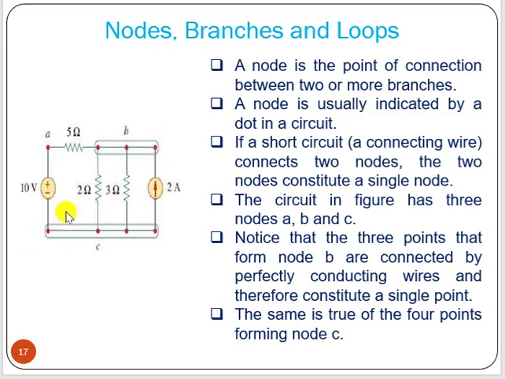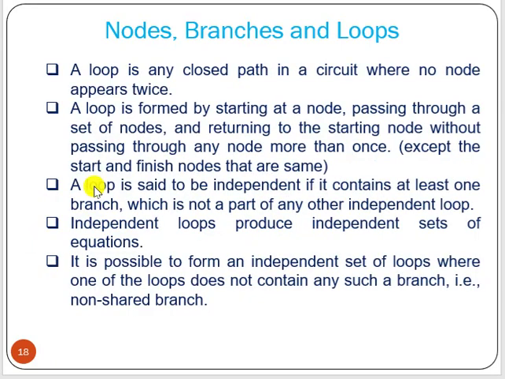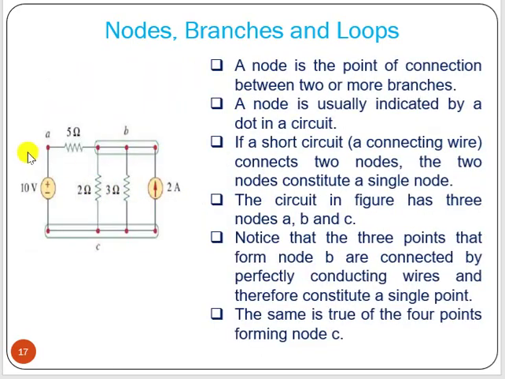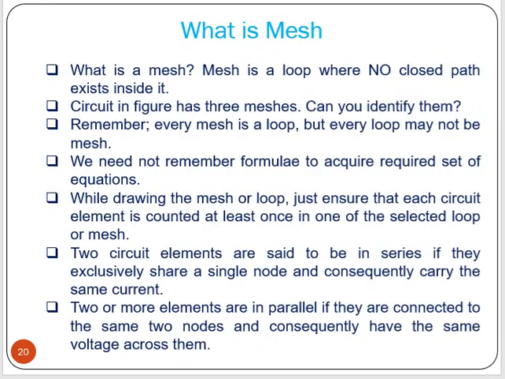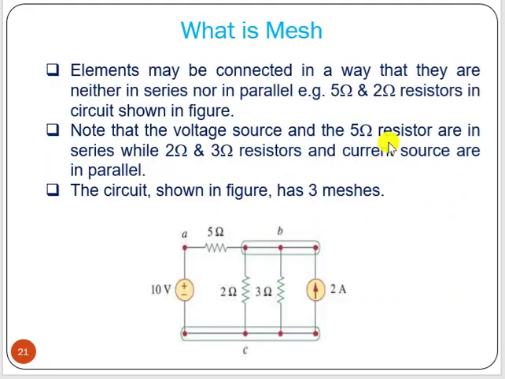So the whole path from A to B through the 5 ohm resistor, current source and back to the voltage source is not a mesh because it contains two more loops. The circuit in the figure has three meshes.